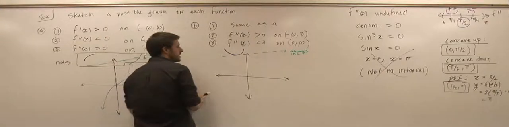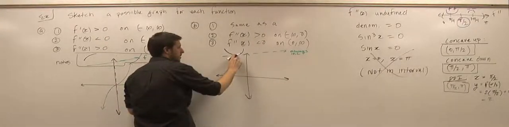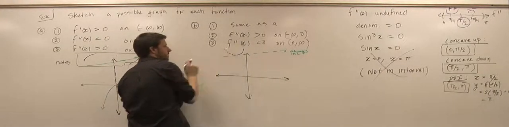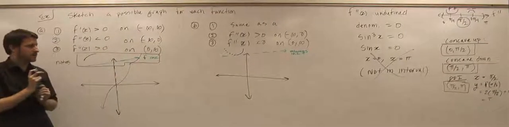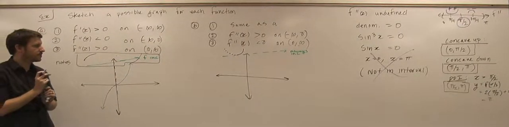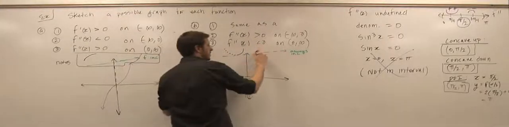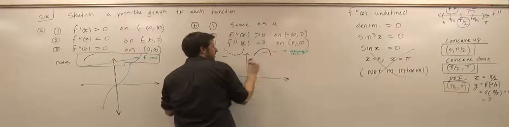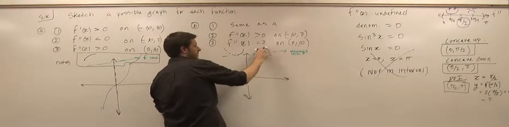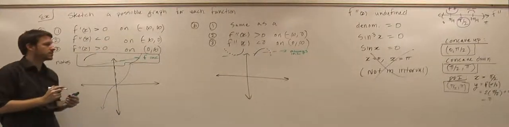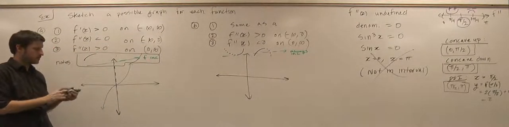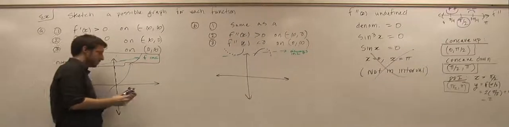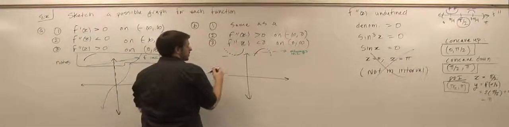But in order to always be increasing, I'm going to have to get rid of this part. Otherwise my function's not always increasing. Then over here I'm going to be concave down. But to always be increasing, I have to get rid of this part. Right, and I switch at 0.